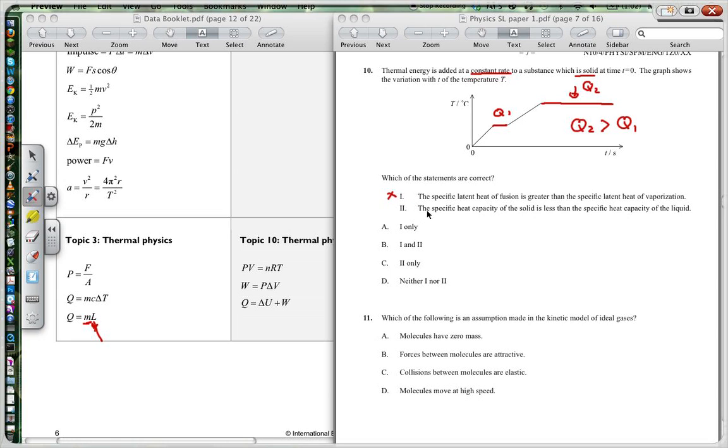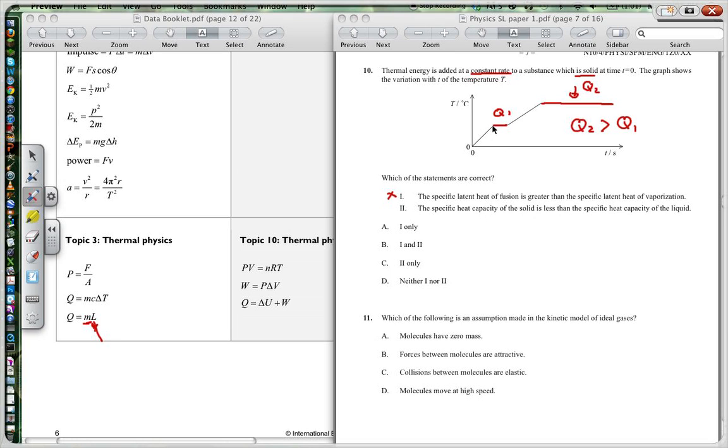For 2, the specific heat capacity of the solid is less than the specific heat capacity of the liquid. Basically that means that for the same amount of heat, the temperature will rise more, because specific heat capacity is the energy required to raise the temperature of 1 kilogram by 1 degree Celsius.